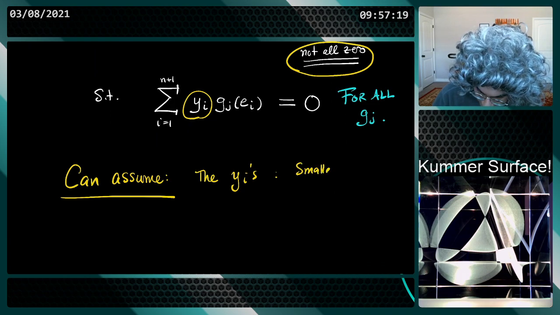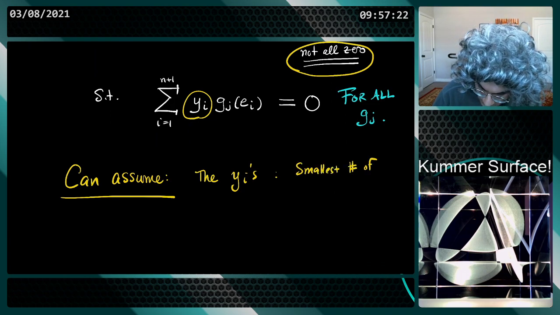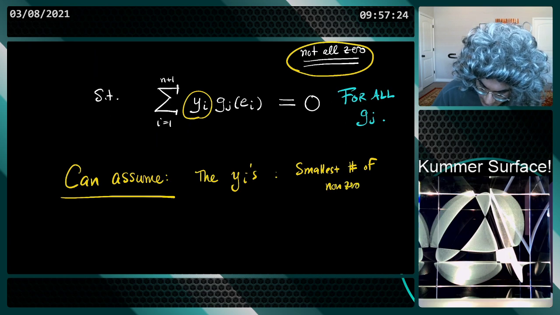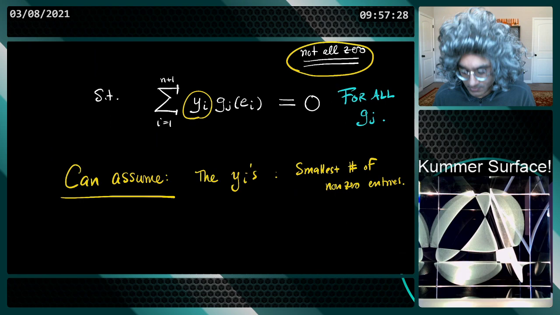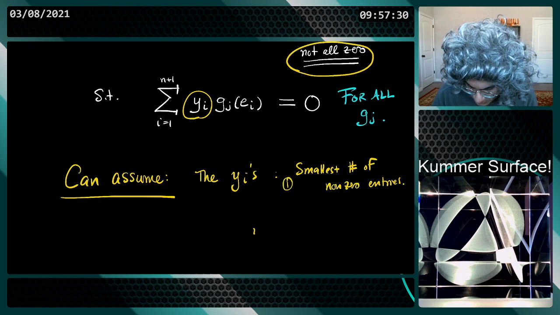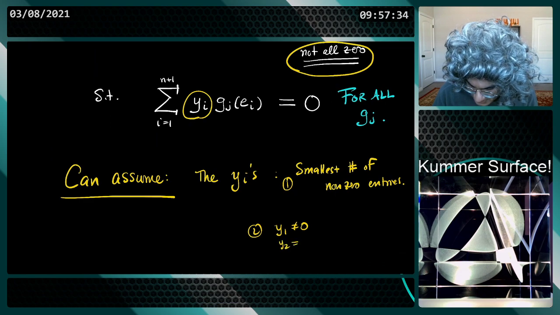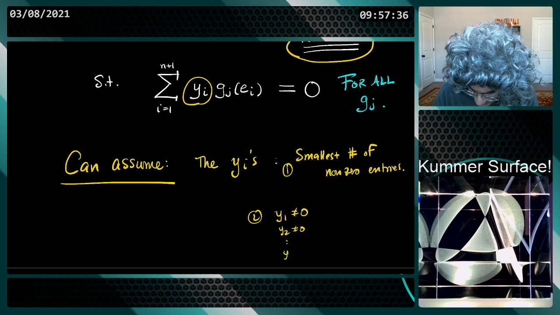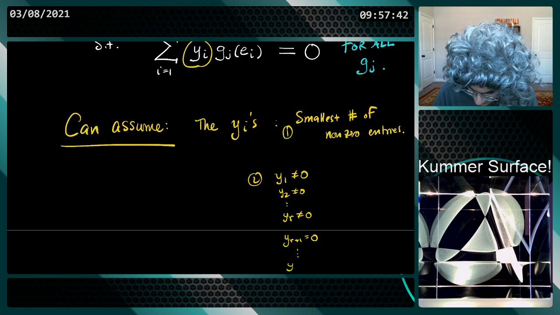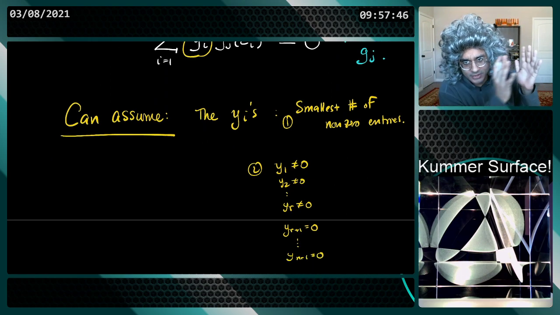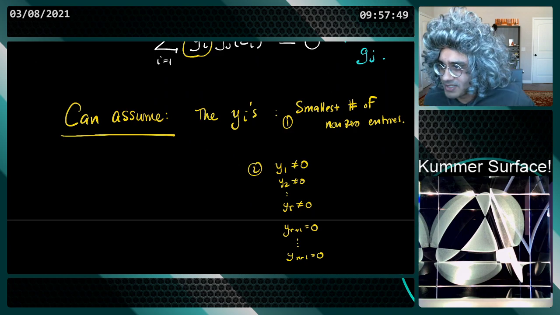One, smallest number of non-zero entries. And two, y1 is not 0, y2 is not 0, yr is not 0, and then afterwards they're all 0. So you put all the non-zero ones first and then the 0 ones second.